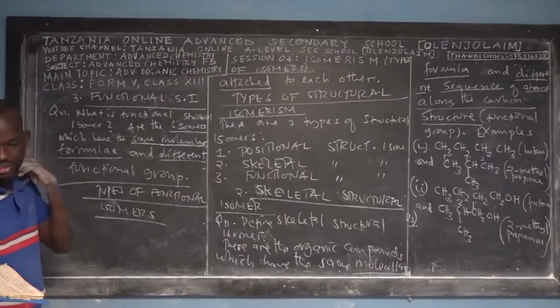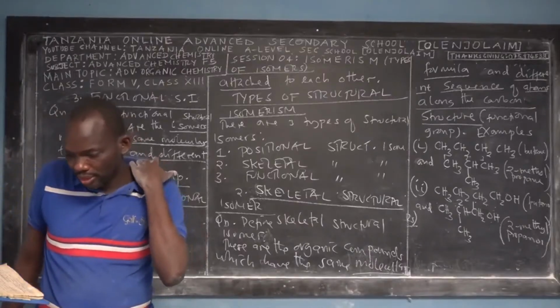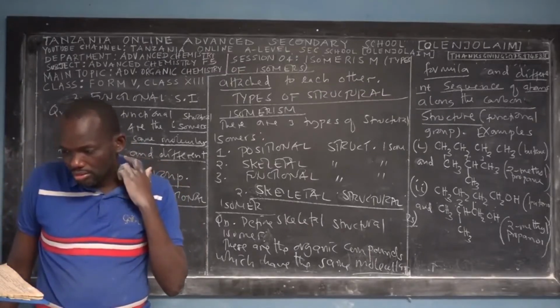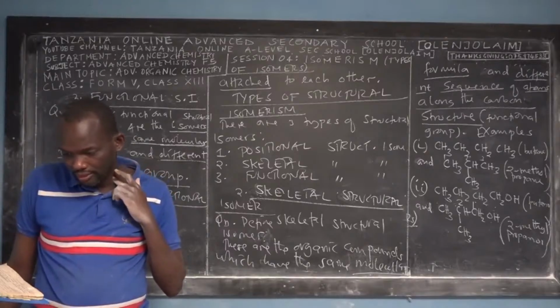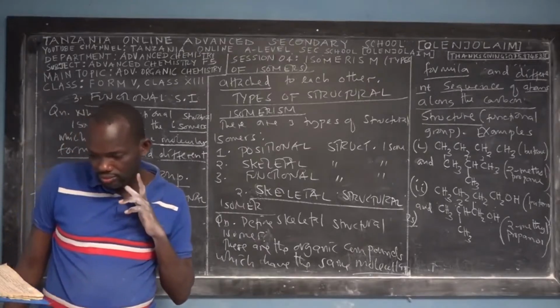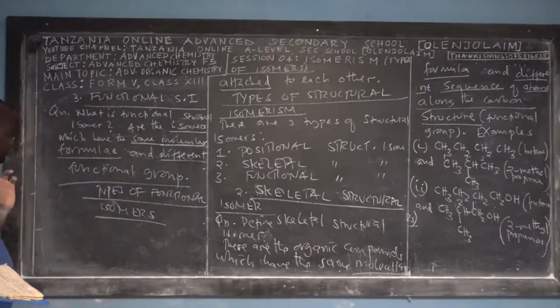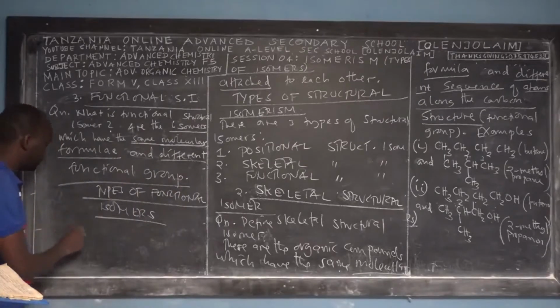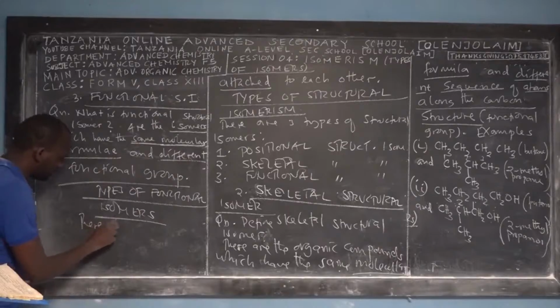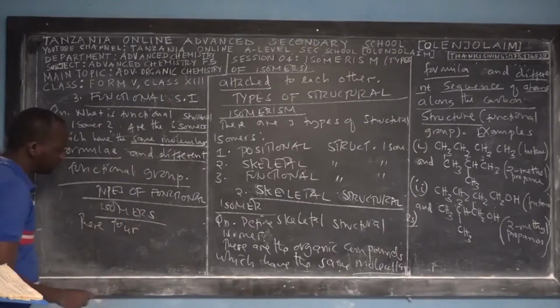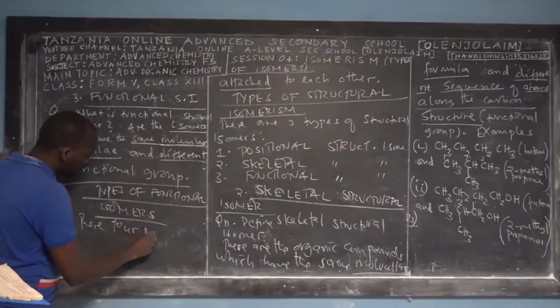So basically for this, how many examples am I going to mention? 1, 2, 3, 4. We'll simply say that there are 4 types.